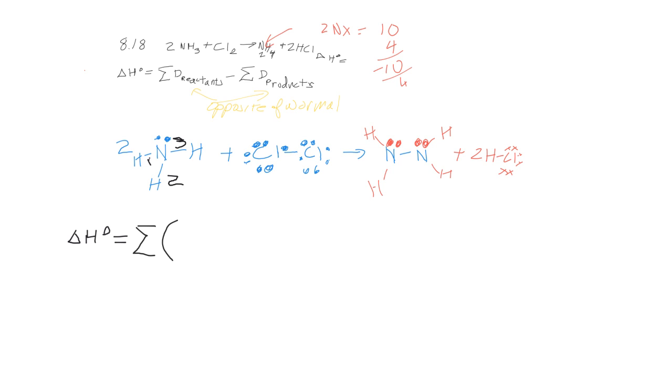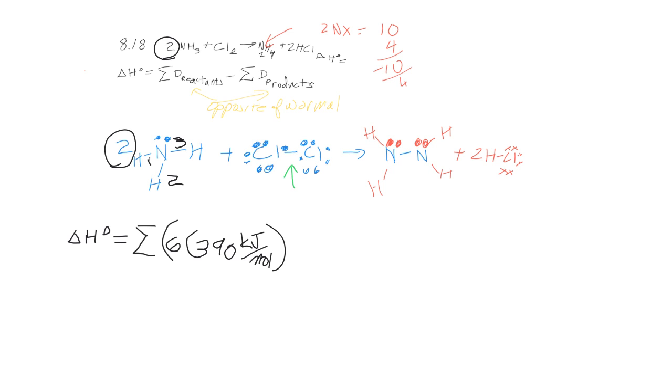Now I have 3 nitrogen-hydrogen bonds, but I have 2 molecules of ammonia, so that means I have 6 of them total. So 6 times the value for my nitrogen-hydrogen bond. I look that up from the chart they gave me, and that's 390 kilojoules per mole. So that's that. Now we're going for the chlorine.